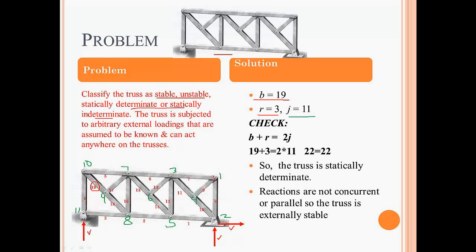Now we just need to check this equation: B plus R, which is 19 plus 3, should be equal to 2 times 11 if the truss is to be statically determinate, which is the case here. 22, hence the truss is statically determinate, and we can see the reactions are not parallel, and they are not concurrent as well, so you can say the truss is externally stable.